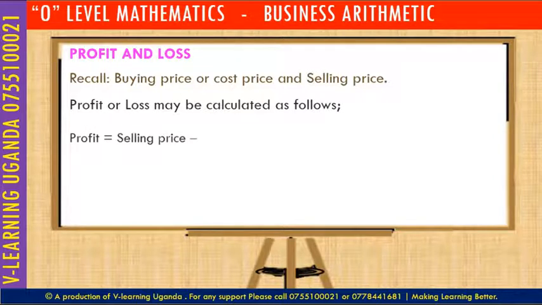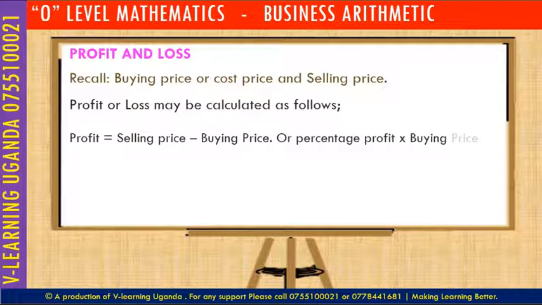Profit is selling price minus buying price, or if given in percentage, percentage profit times the buying price. Remember, buying price is the same as cost price. And then loss is buying price minus selling price, because when you make a loss, it means you bought at a higher price and now you are selling at a lower price.